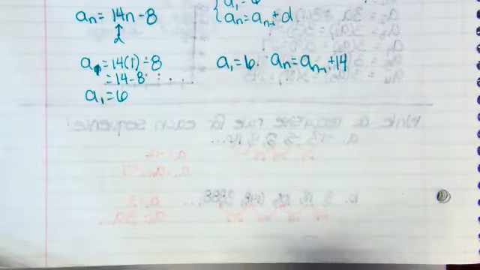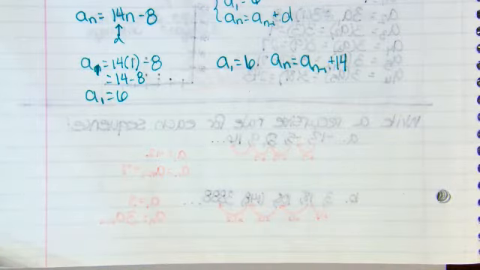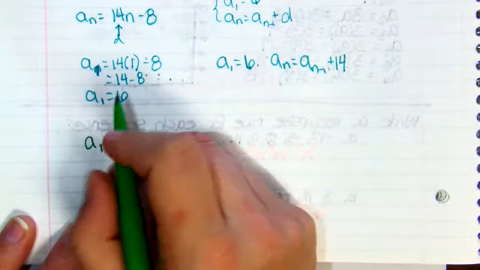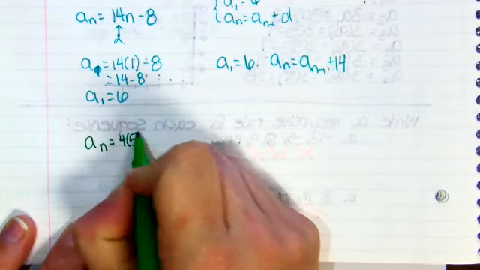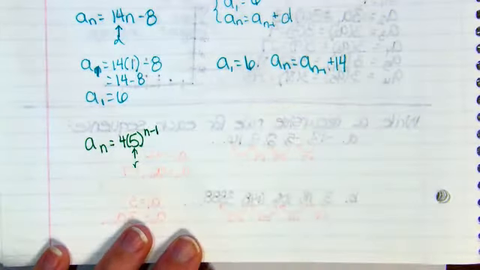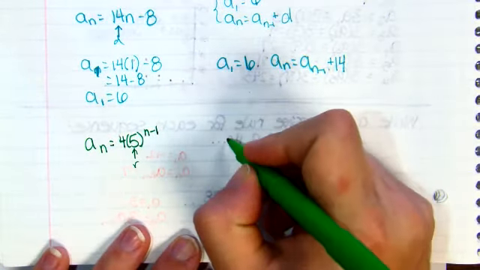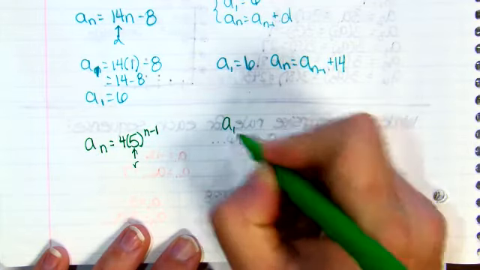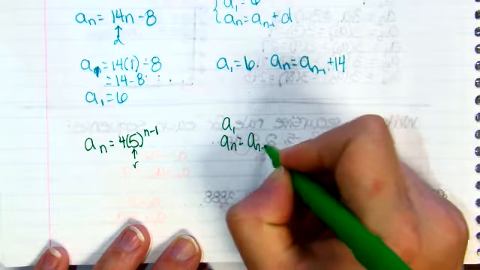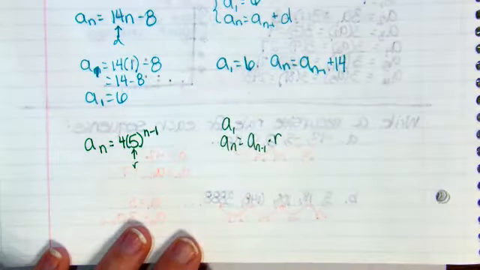And it's really the same way when we have a geometric sequence. If I started with this, a sub n equals 4 times 5 to the n minus 1. Remember, that's my common ratio. So for my recursive formula, I need a first term, and I need to know that this is the term before times r.